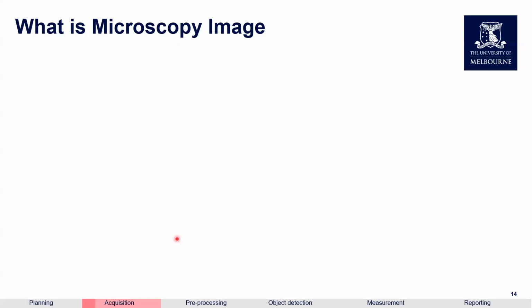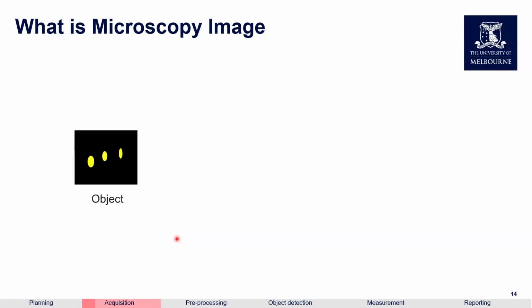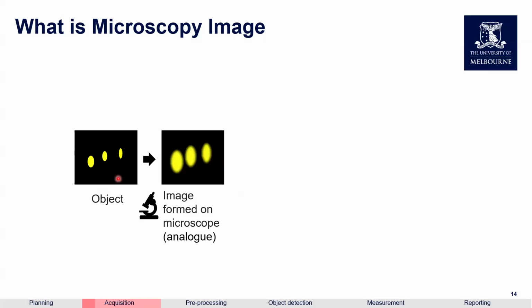But to understand the basic requirements of acquisition, first we need to know how the microscopy image is generated. Let's say that these are the fluorescence signals of our objects. When we use the microscope, this signal will be formed as an image through the optics, and this is an analog and continuous signal.